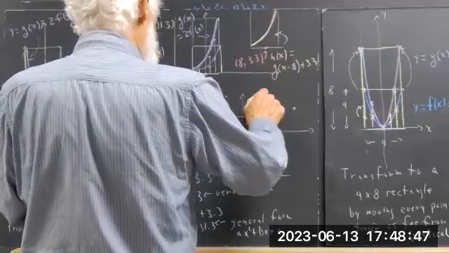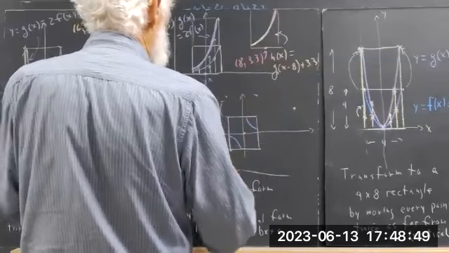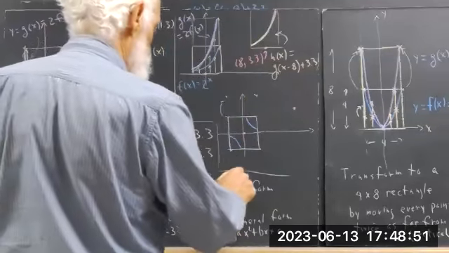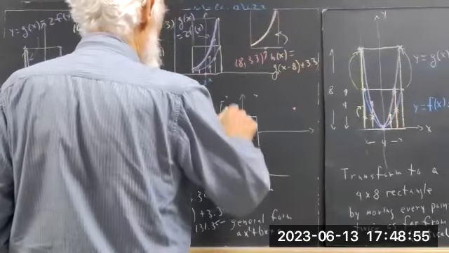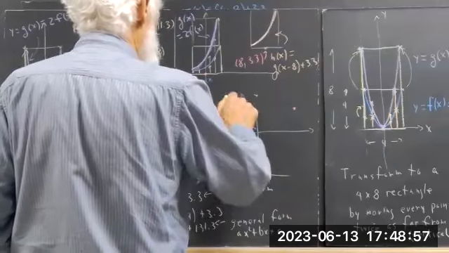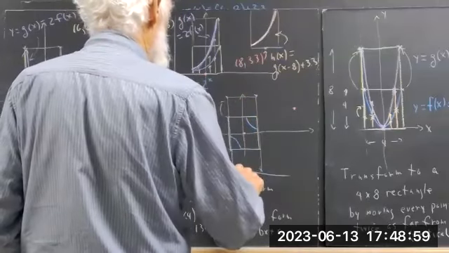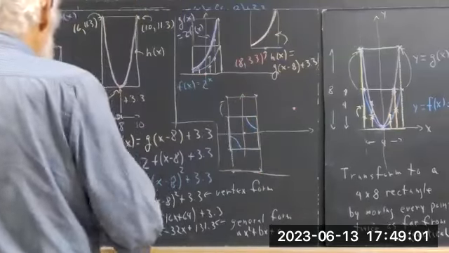This point is going to move up to here. This point is on this side of the x-axis, so it's going to move down to here. And this point is going to move down to here. And our rectangle will be like this.